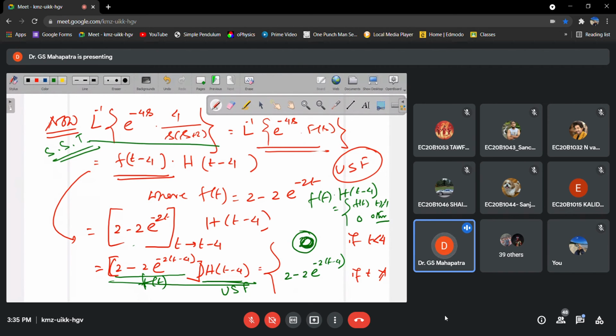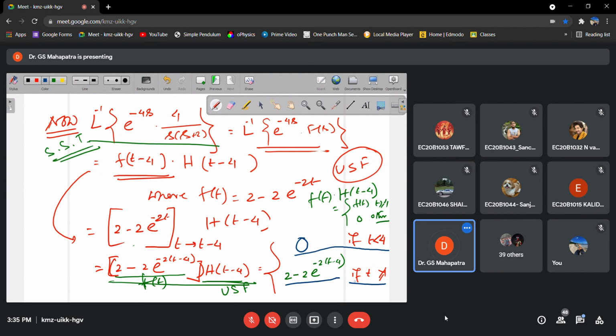So this is nothing but 0. So the answer is 0 if t less than 4, and 2 minus 2 e to the power minus 2 into t minus 4 if t greater than or equal to 4. Any doubt?